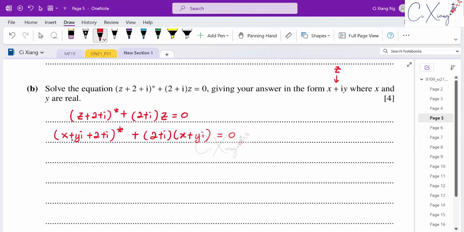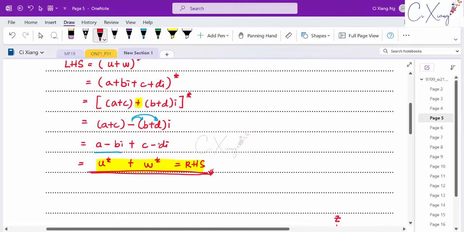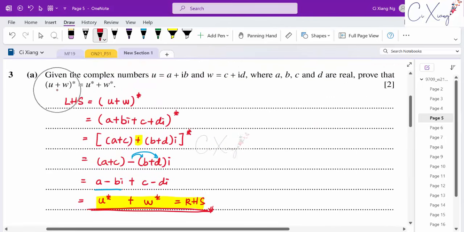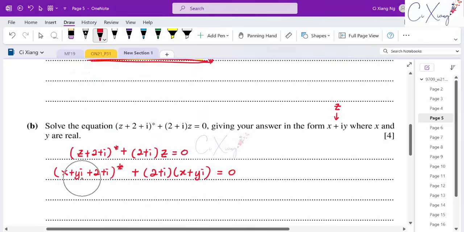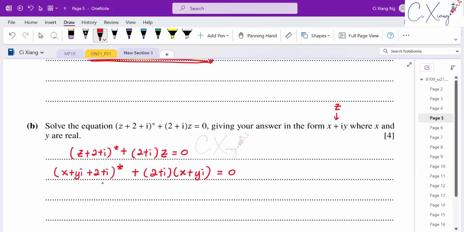Okay, so you can see that x plus yi is a z, and then 2 plus i seems like another complex number, right? You can use the result that we have here just now. u is one complex number plus w is another complex number, conjugate can be written as u star plus w star. So same thing happened for this particular bracket here. x plus yi is maybe like a u or the z, and then 2 plus i is another complex number.